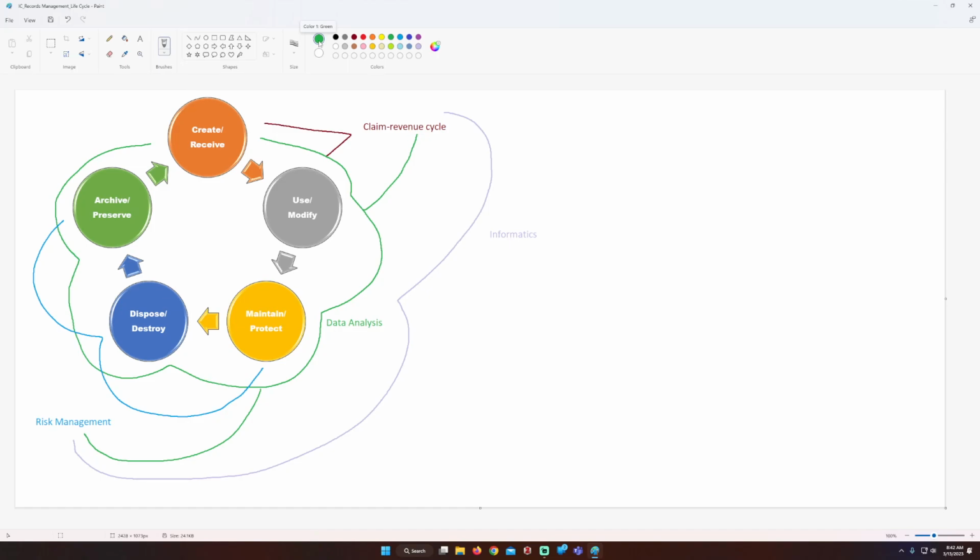We can also take informatics into the claim revenue cycle. As I talked about before, when you're looking at issues with claims, issues with billing practices in general, you're going to want to, particularly for you guys at least, pay close attention to claim denials. Claim denials can be a pain. They're not the end of the world, but they just create excess work.